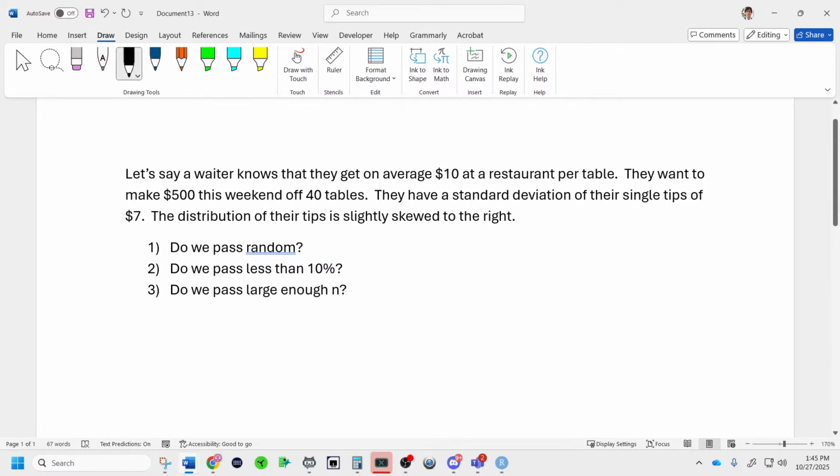The first step is, what is the shape of your data? The second step is, what is the required sample size? The last step is, do you have this sample size? Okay, so we need to find the shape of our data.